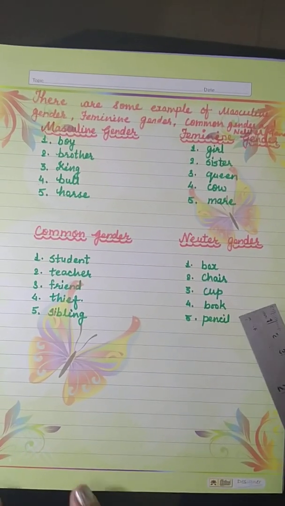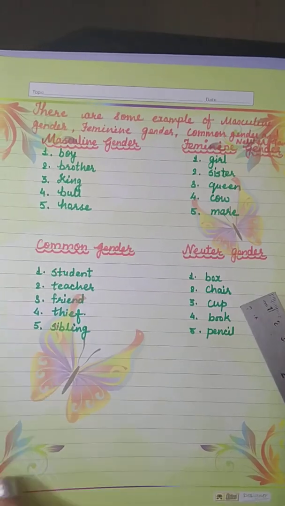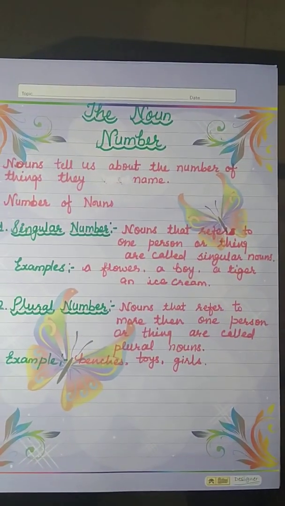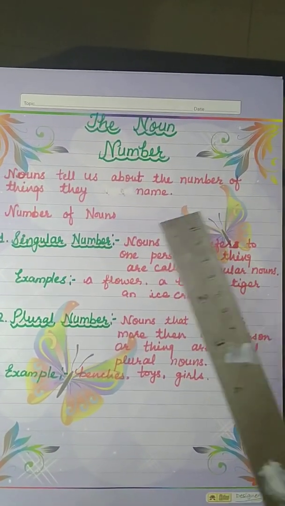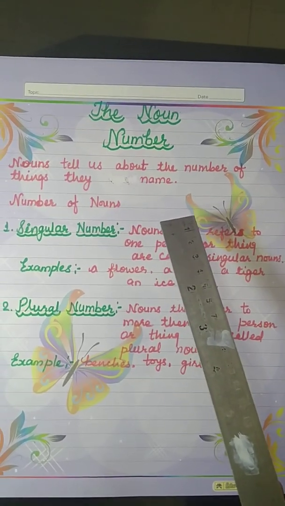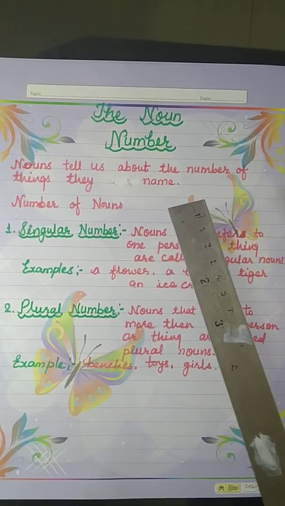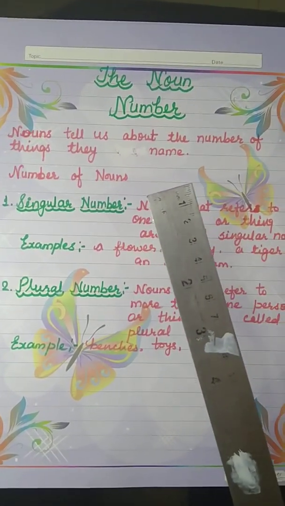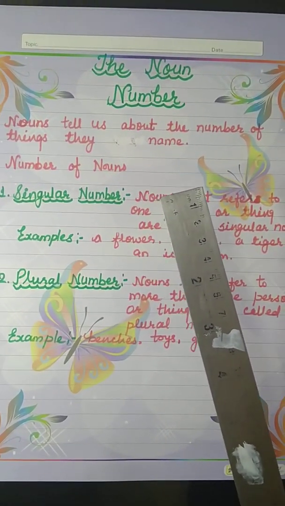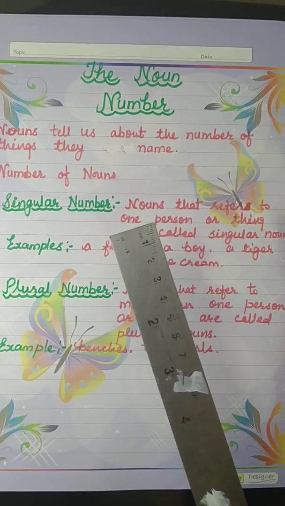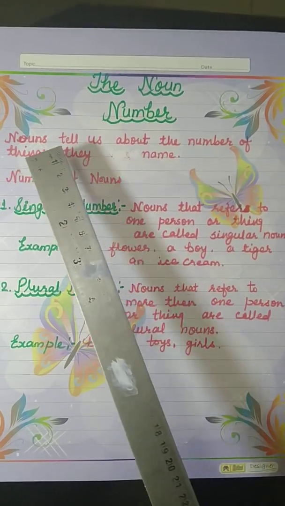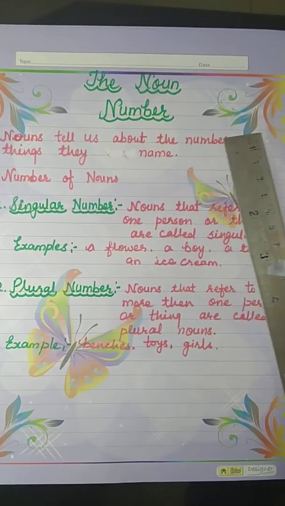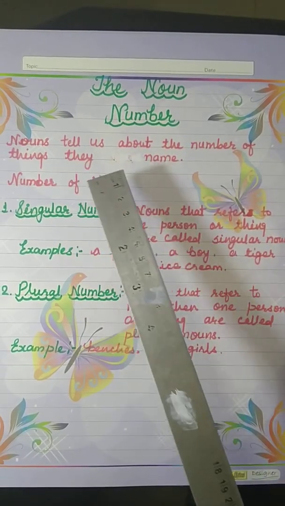Okay, now we move on to the number. Okay, now in this chapter we will get to know about the number of the things. Nouns tell us about the number of things they name.